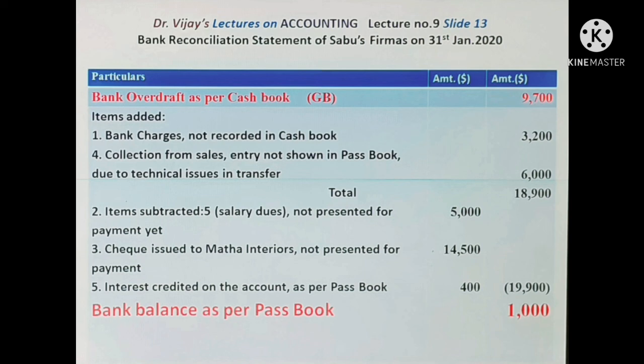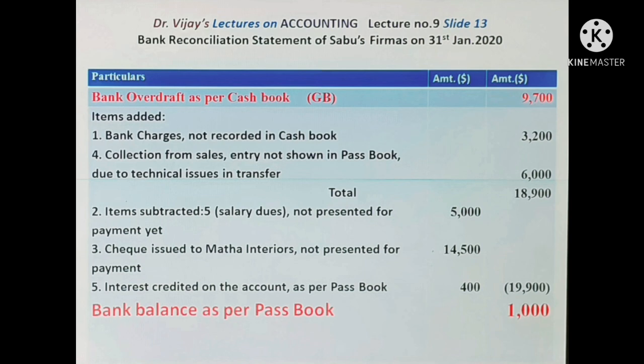The total of the three items is $19,900. Now, 18,900 minus 19,900 equals minus 1,000. We are starting with a positive value, 9,700, and ending with a negative value, 1,000.